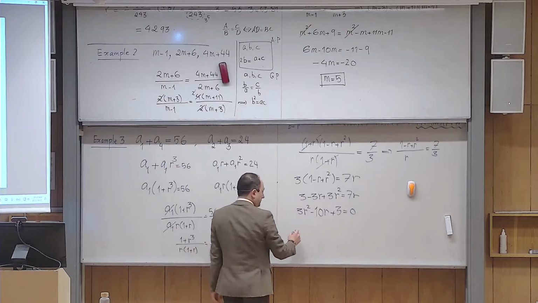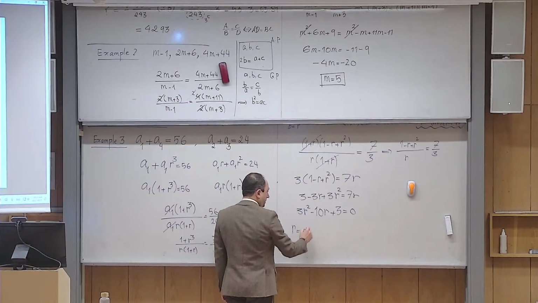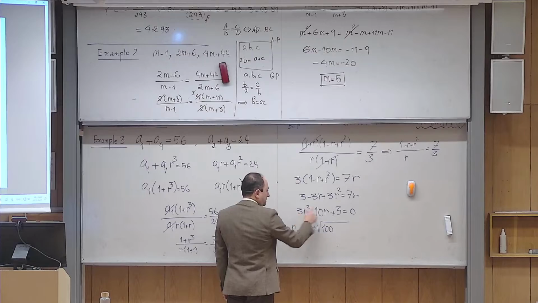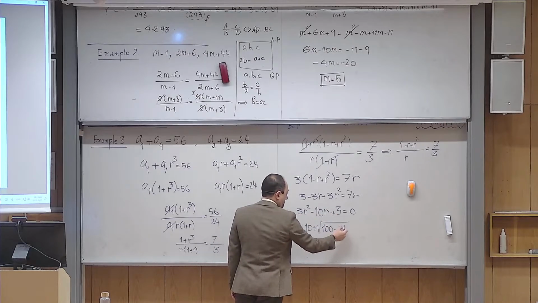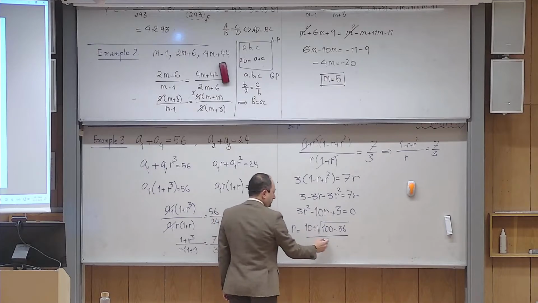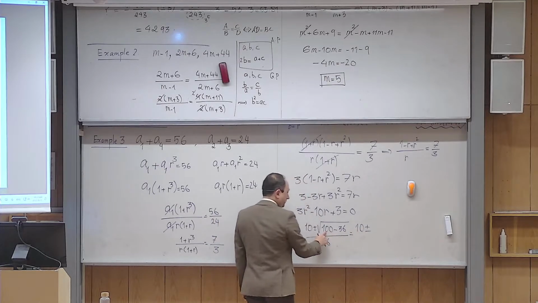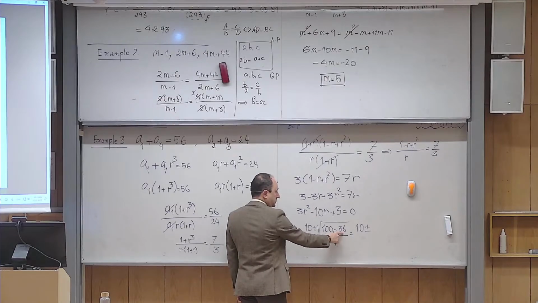And then I solve it. I use the ABC formula. So r becomes minus b plus or minus the square root of this number to power 2 minus 4 times this times that, which is minus 36, and then divided by 2 times this number, which is 6. 100 minus 36 is 64.